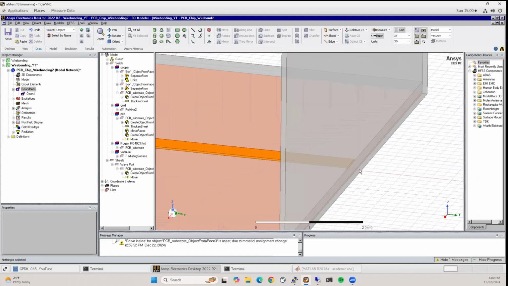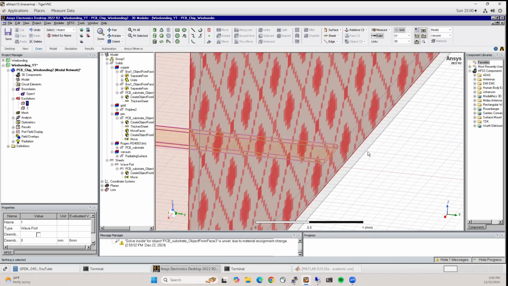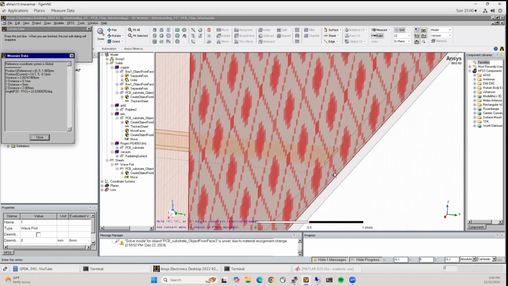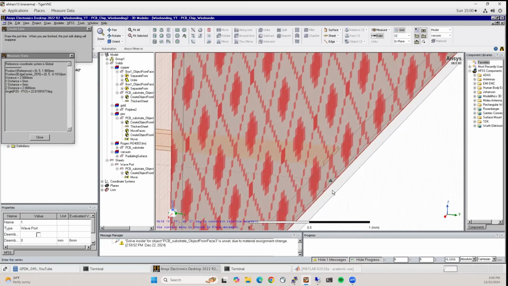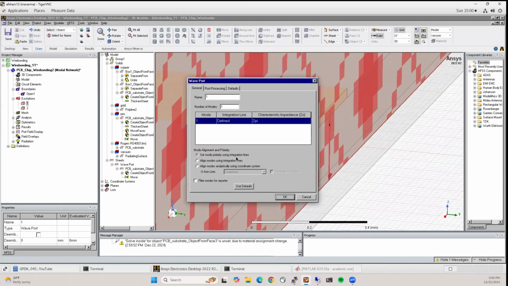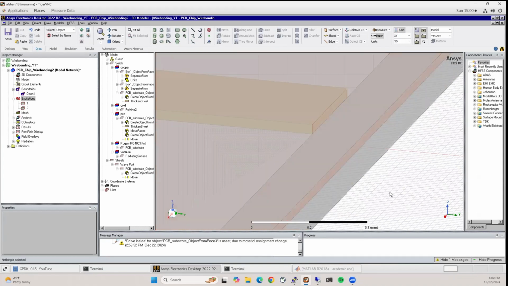Okay, yeah, I also need to change the excitations a little bit. So what I'm going to do is add integration lines to excitations because we want to make sure that the mode that is solved is in the right polarity, right? You can either have the mode going up or down. And if you don't set this parameter correctly, it will randomly choose which direction the mode is at. Right, and then you say set mode polarity using integration lines, hit OK.